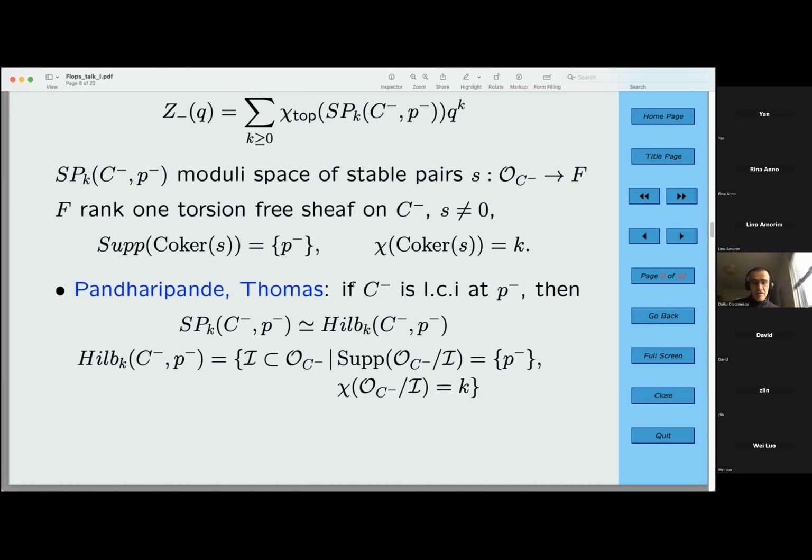The reason is that this LCI condition in codimension 2 implies that C minus is Gorenstein. So it has a locally free dualizing sheaf, or in other words, a dualizing line bundle. And using the dualizing line bundle and results of Pandharipande and Thomas, we can prove this isomorphism. They did it for plane curves, but the proof is exactly the same once you know that the dualizing sheaf is locally free, and it's a sheaf, as opposed to a complex.